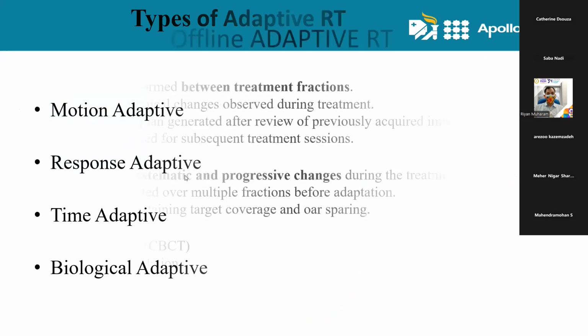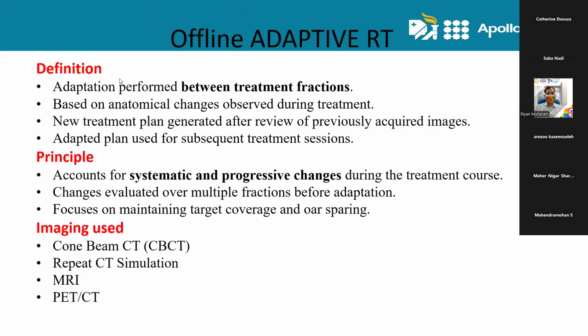So we will discuss offline adaptive radiotherapy in a brief way. Offline adaptive is the most commonly implemented adaptive approach. Basically, adaptations are performed between the treatment fractions based on the anatomical changes observed during the treatment.